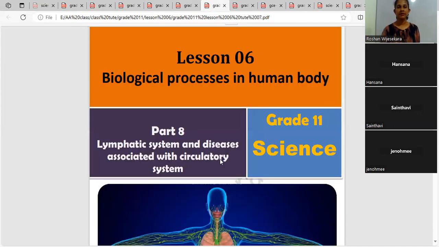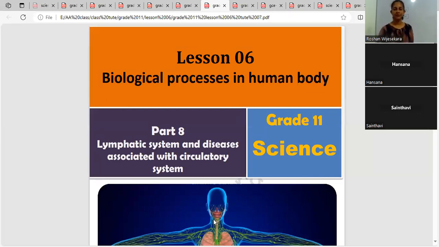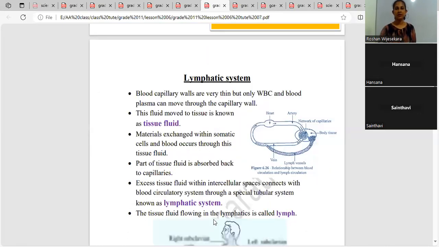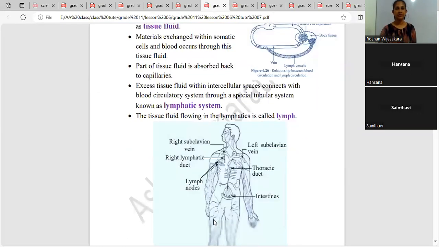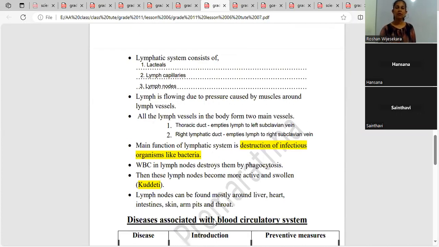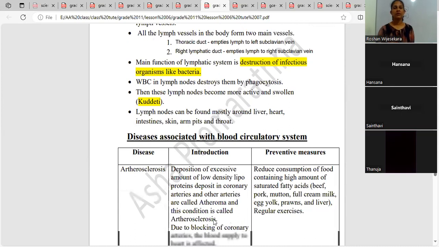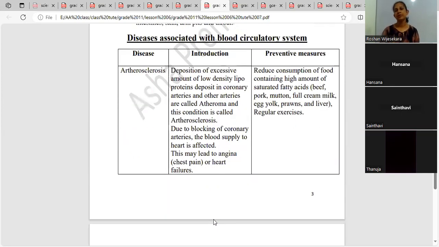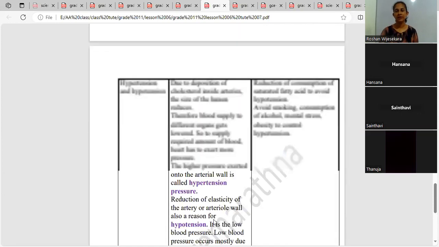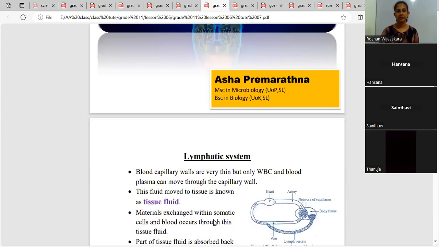Then we discussed the lymphatic system and diseases associated with the circulatory system. The lymphatic system is also a system associated with the blood circulatory system. No question comes from the special parts here, but that is also important.